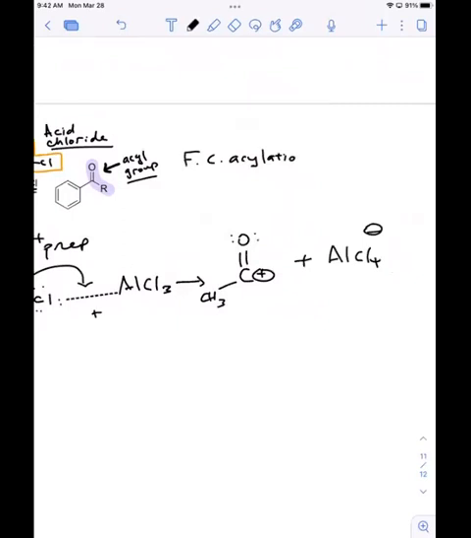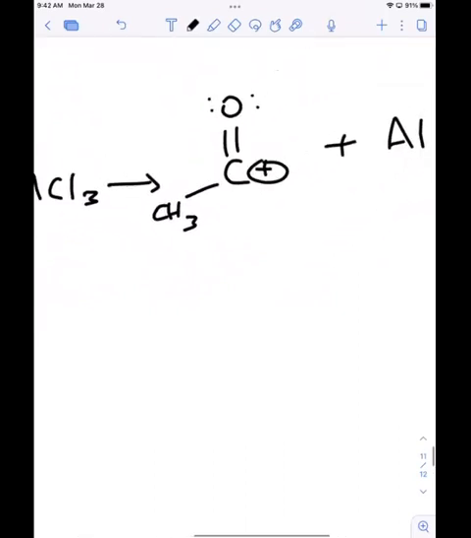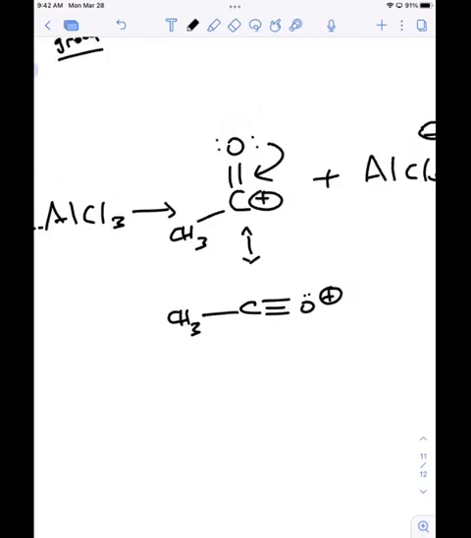All right. So what happens now, and this actually, you can think about this in terms of resonance, right? It's one of those two atom resonance units. Normally, we're used to seeing resonance on allylic type systems, whether it's an allylic anion or cation or allylic radical. But here, it's kind of like one of those two atom units. So we could also think about this being drawn this way with a plus charge on oxygen, like that, right?